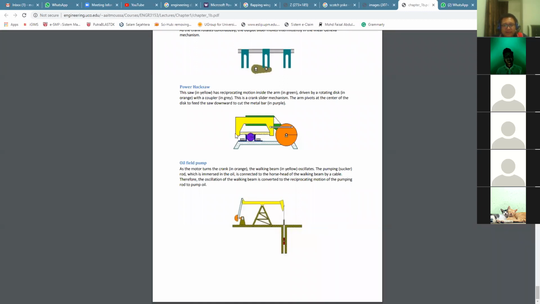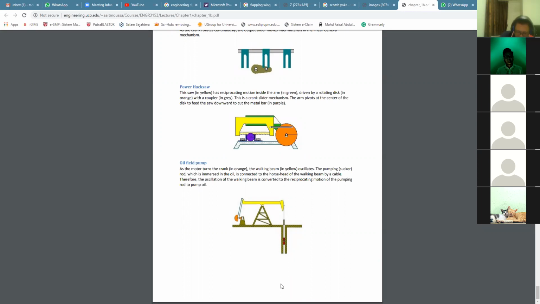It is a saw, and it is just a wheel. And here there is a rod attached to this particular wheel, and this point here is fixed. This one is also fixed. What happens is, if this particular wheel is rotating, either clockwise or anti-clockwise, this mechanism, the yellow color here, will go left and right.